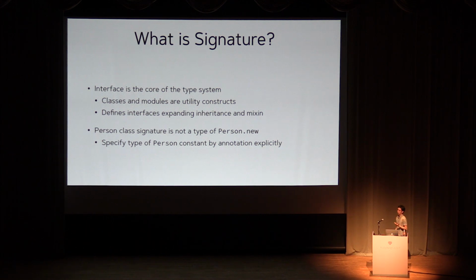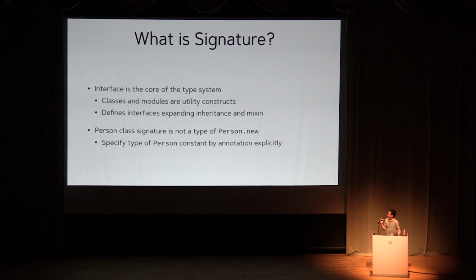So what are signatures? In the signature, we define the interface, class, module, and extensions. The interface is the core of the type system, and the class and modules are utility constructs to define the interface.